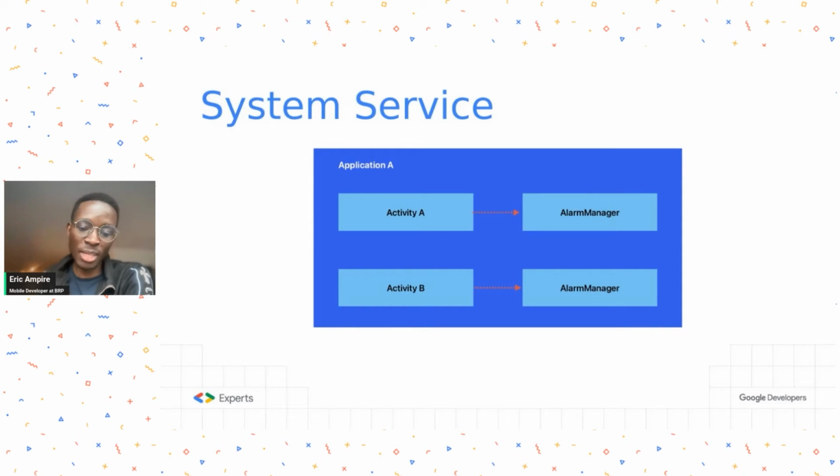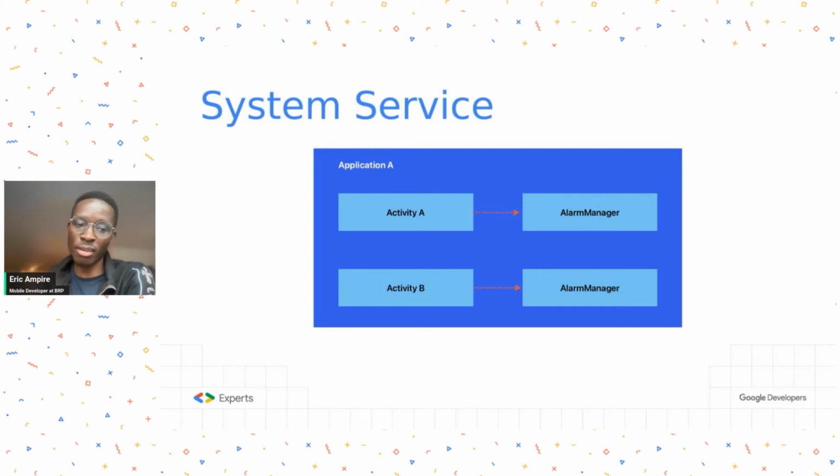And also, because the manager is linked to the context of a particular component, we can have an application where in activity 1, for example, I'm communicating with the alarm manager, and in another activity, I'm doing the same thing.